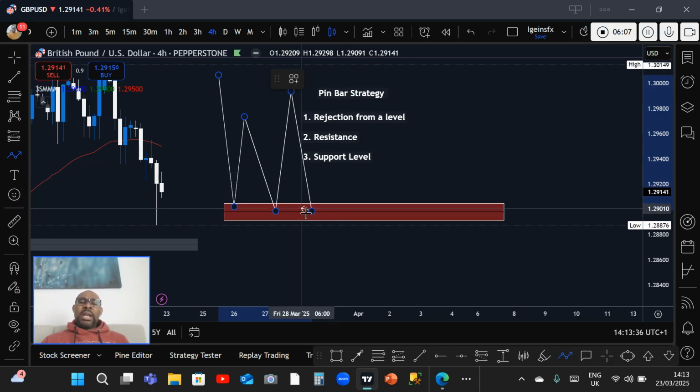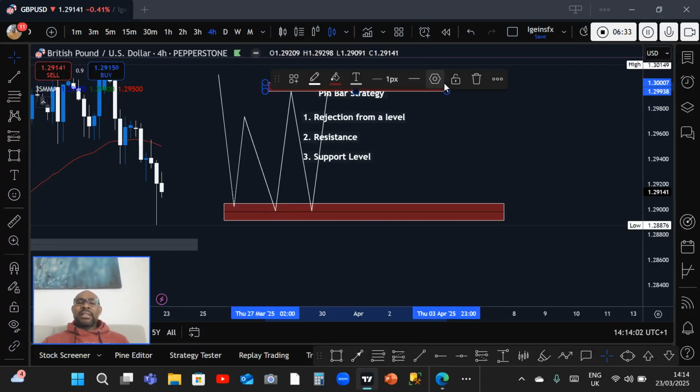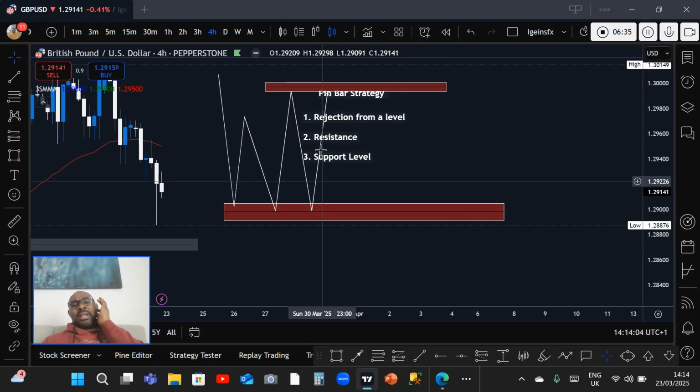So you wait for price to come down to this point, and by the time you see a rejection, all you need to do is get into the trade and target the next resistance level.